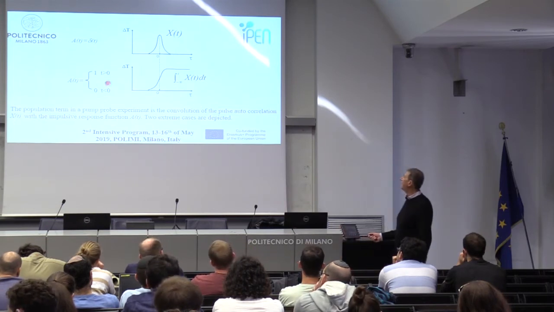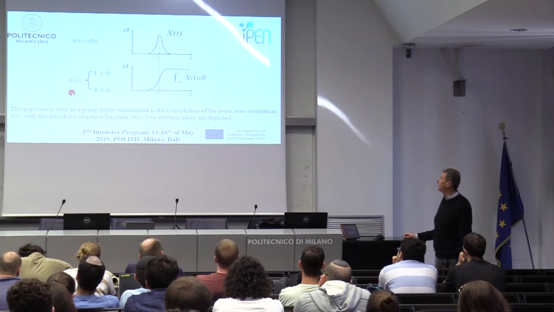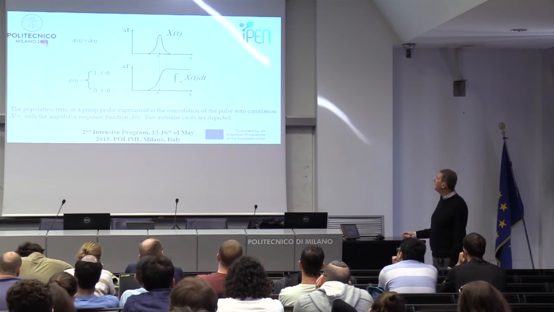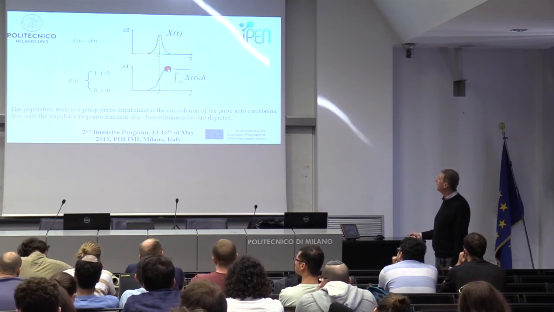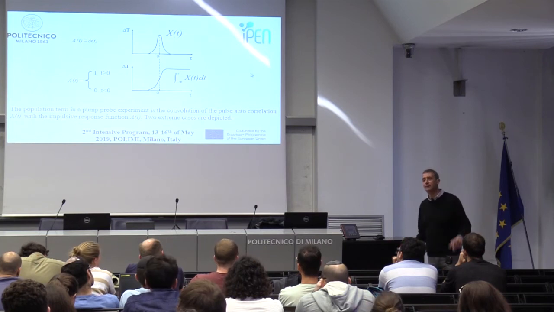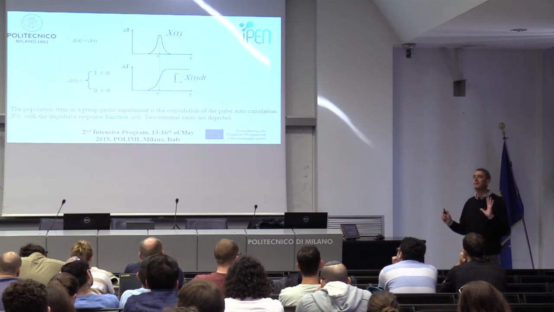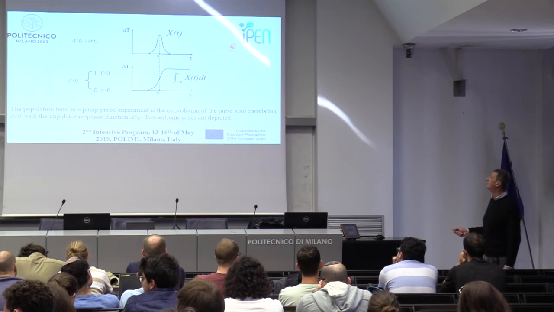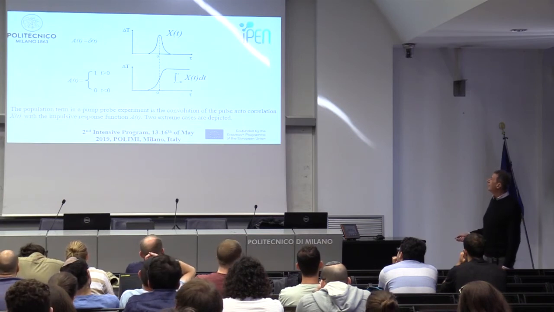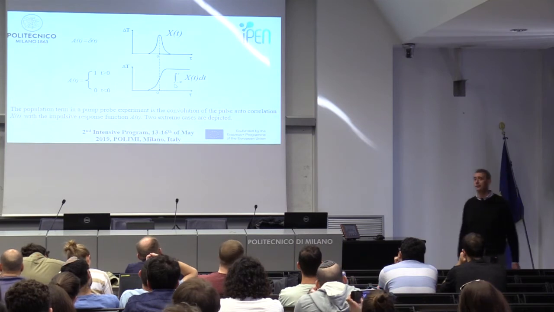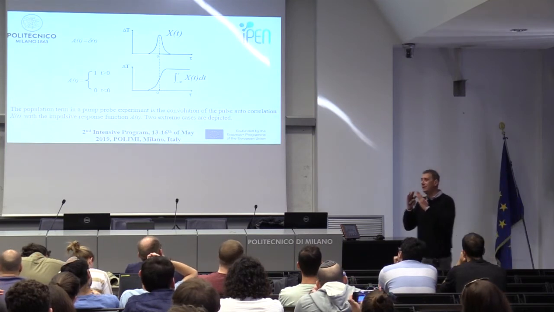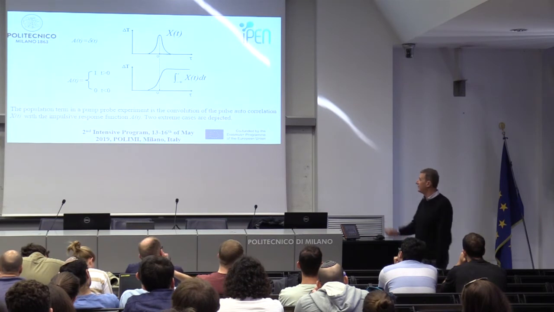If on the other side, the response function of the material is infinite, so it goes to the excited state and never decays, then you have a rise which is following the correlation of the pulses, and then a plateau that stays there forever. So those are the two extreme situations. Sometimes you are, of course, in between. So you have a rise time, and then you have a fast decay, and then you have to be careful. If you get a symmetric shape, well, it means you're not really measuring anything.